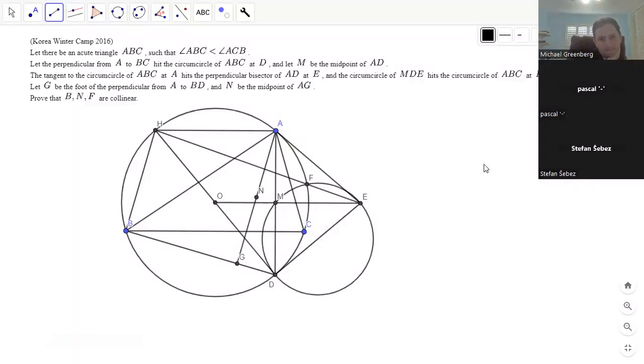So you get that BH, BA, BN, BG is harmonic because BH is parallel to AG. And then you also have that HAFD is harmonic. So you project to B, which implies that B, N, F are collinear. Okay.